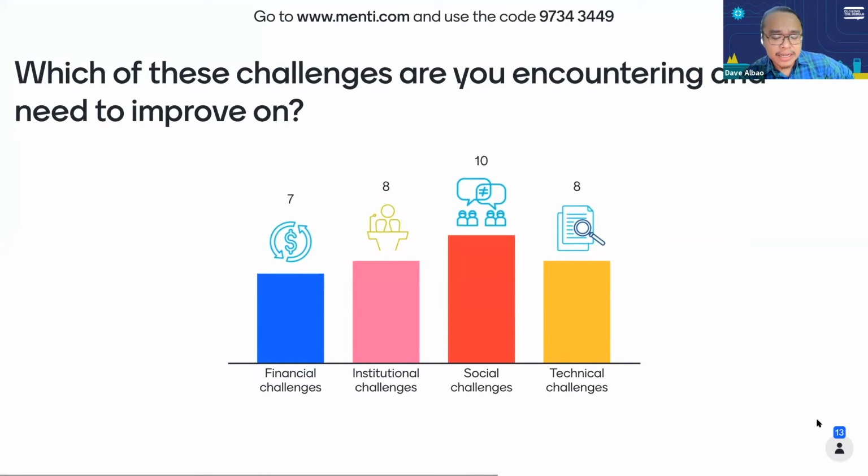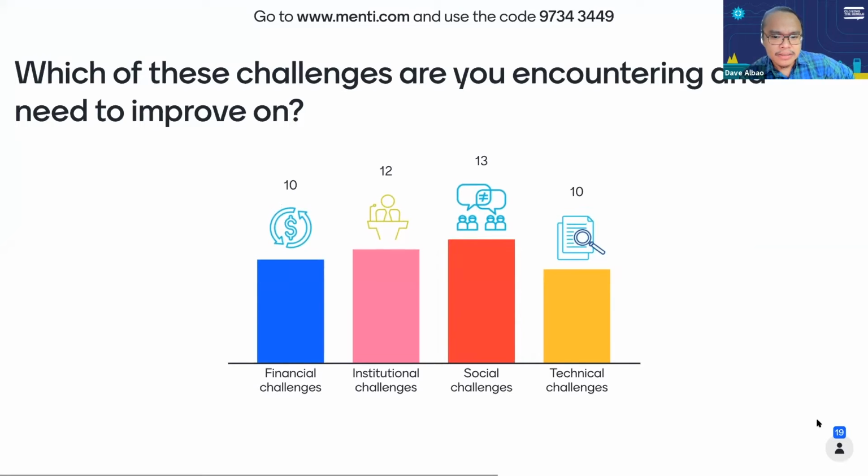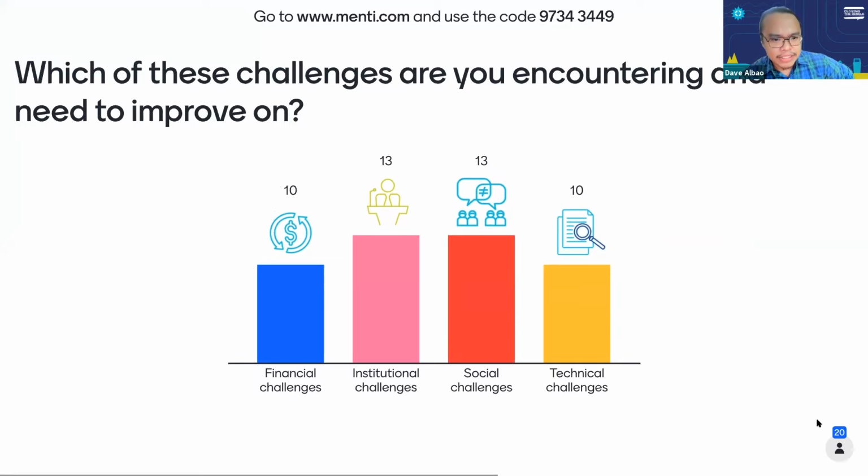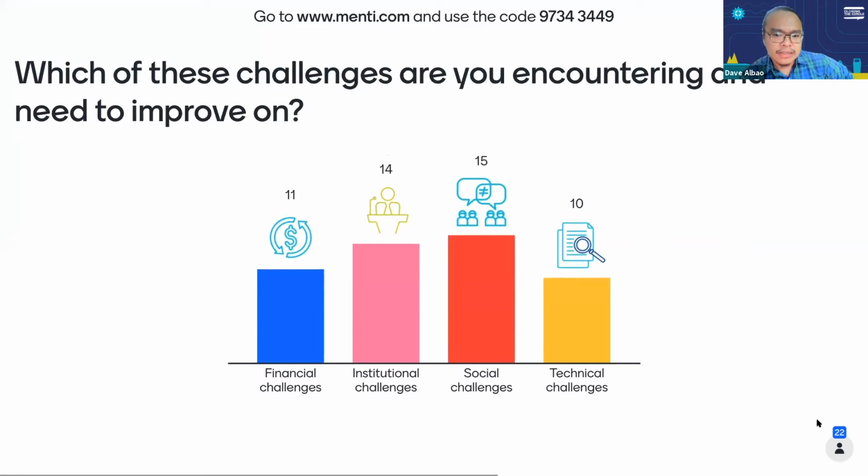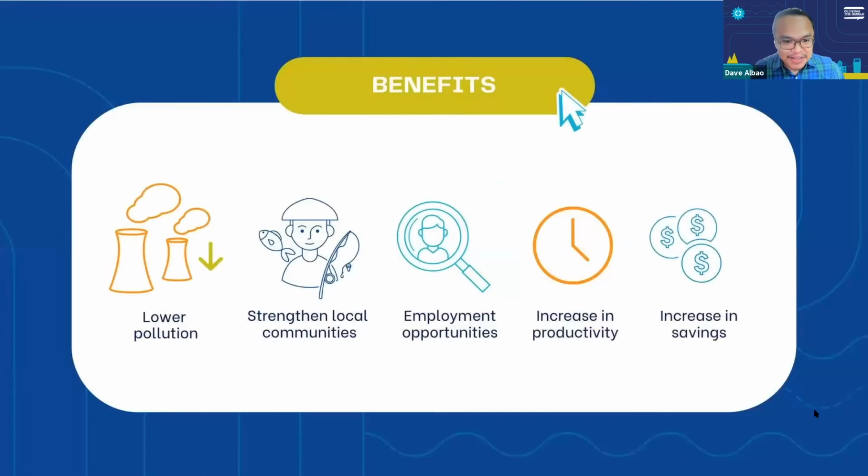So a lot are answering social. Financial, definitely, and institutional. Thank you so much. Valuable insights. We can see the pulse of the room. You can see where people are in addressing these challenges. Interesting insight. Thank you so much. I was surprised that social would be on the top.